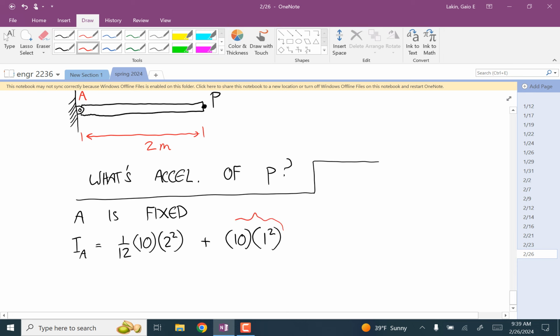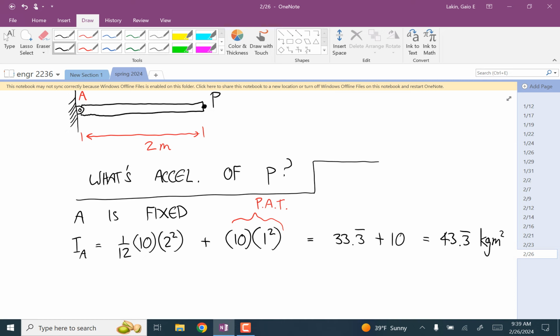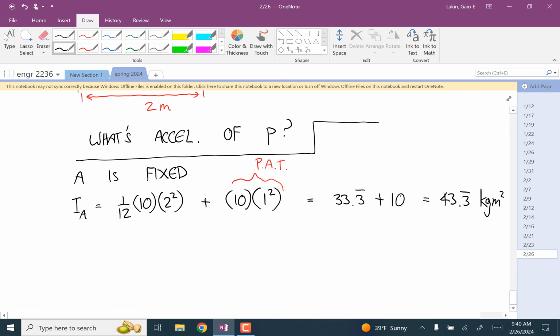So this term is the parallel axis theorem. And we get 33.3 repeating plus 10, so 43.3 repeating kilogram meter squared. Any questions about that? Now free body diagram.